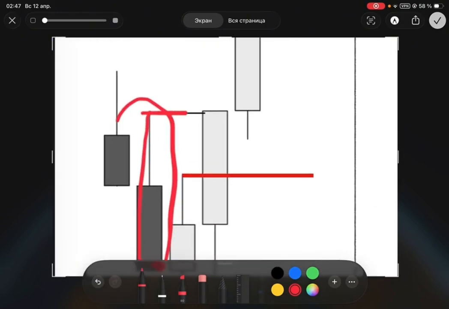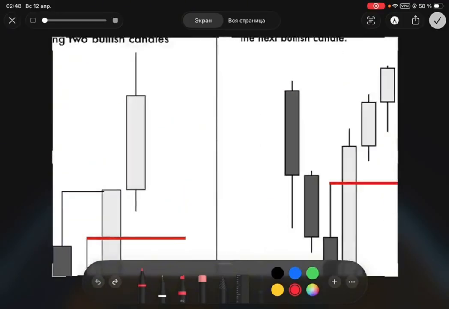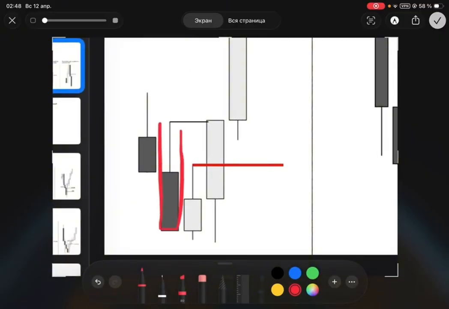It has to break this first candle with its body and form an engulfing pattern. If 2 or 3 candles close this one candle with their bodies and create an engulfing, we take the initial zone as an order block.